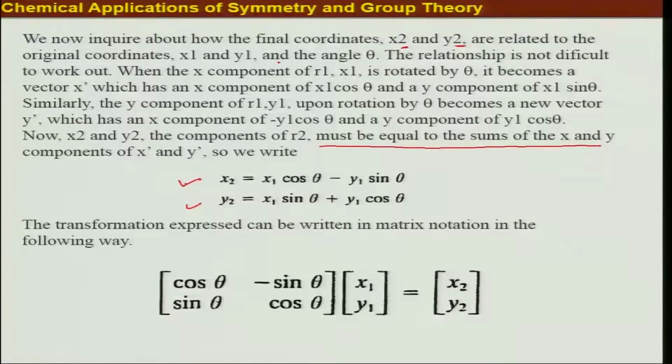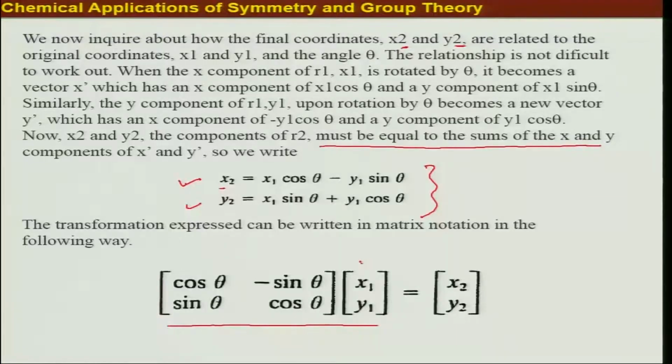Now once you have written down these equations, you can find out the transformation matrix, because your aim is to find out what is this x2, what is the y2. Now you have found out the x2 in terms of x1, y1 and theta, and you have found out also the y2. So now if you couple these two equations, you can very easily find the matrix for that. So the matrix form that you will find, if you utilize these two equations, is here.